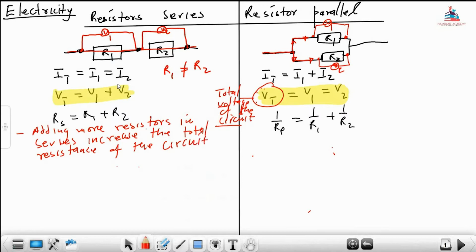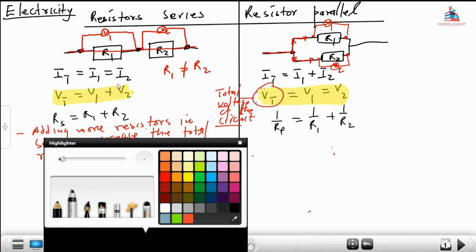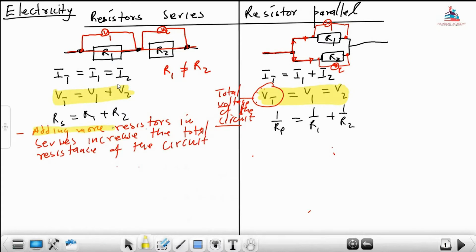That is now very, very important. So we also need to highlight that by adding more resistors in series, we are actually increasing the total resistance of the circuit. That is very, very, very important.